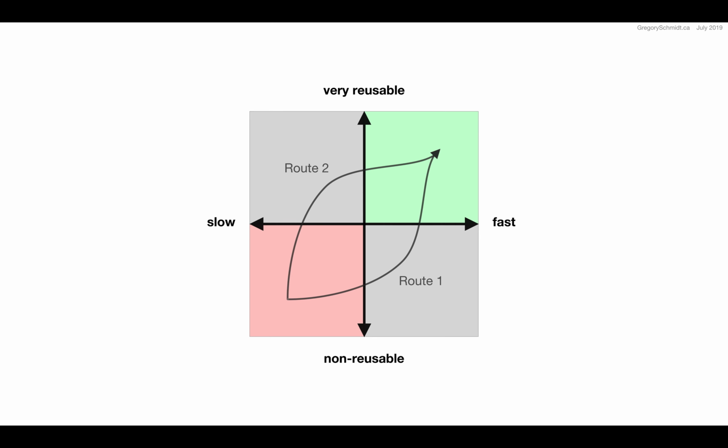In theory, taking route 2, focusing on reusability, may achieve a net saving in the amount of resources required, because you're building in reusability from the start. But this is only really true if the product pathway is very clear.